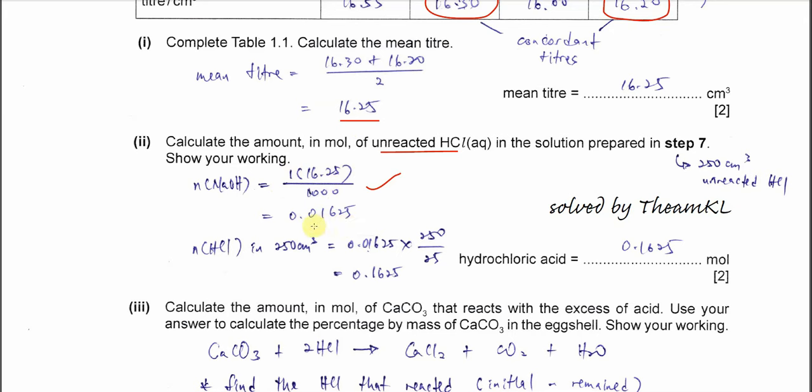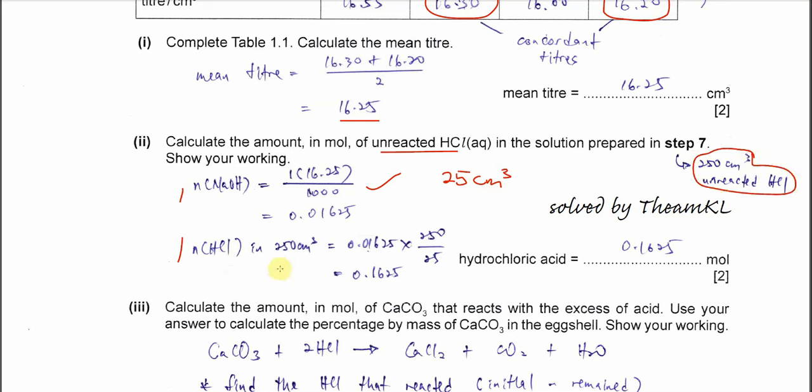After that, we know the mole ratio is 1 to 1, but that 1 to 1 ratio applies when we use 25 cm³ of the acid solution, because now it's asking for 250 cm³ of the solution.